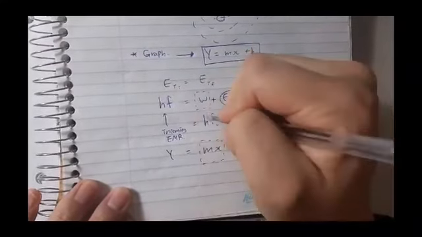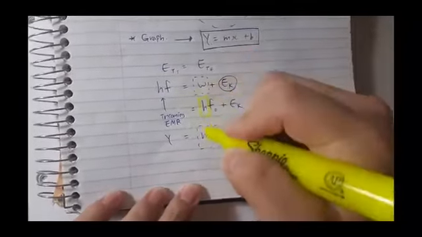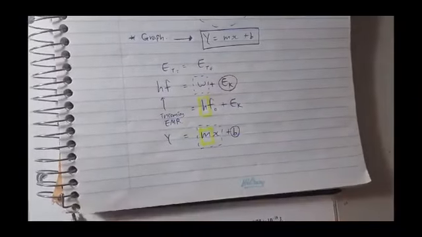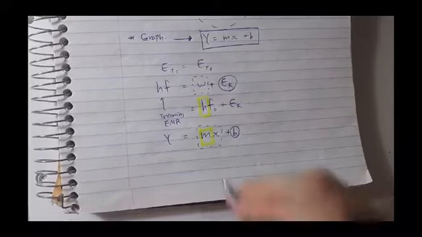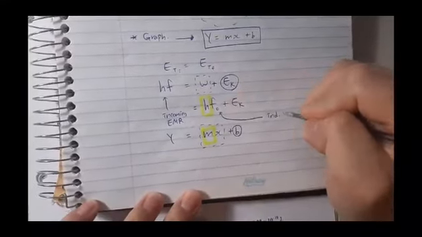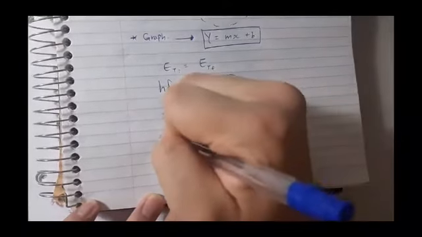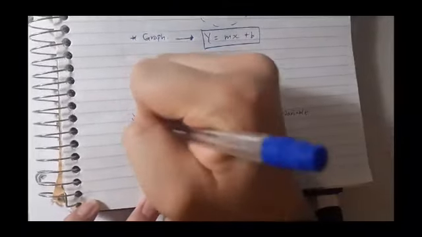I'm going to use a highlighter in this situation. I can make my h into my slope, as long as we put x as my independent variable and my dependent variable y is equivalent to hf.